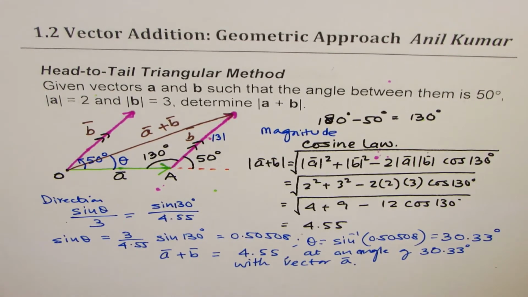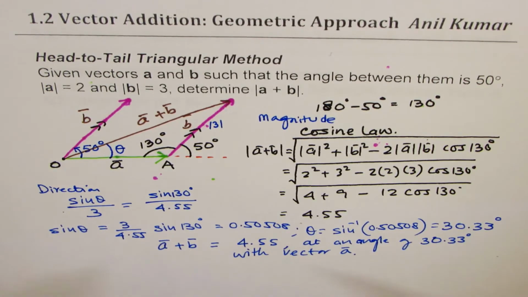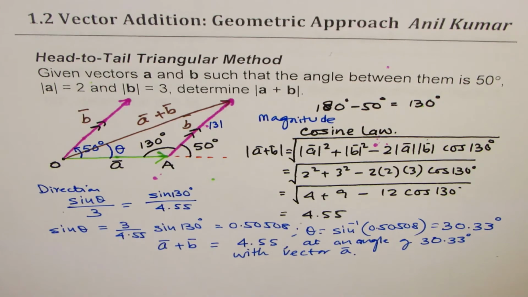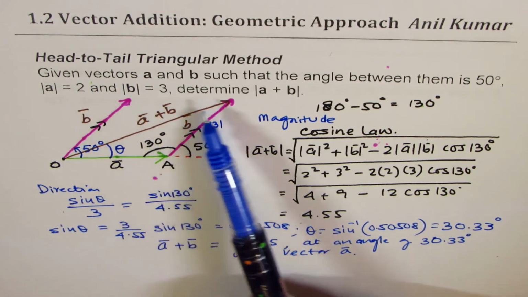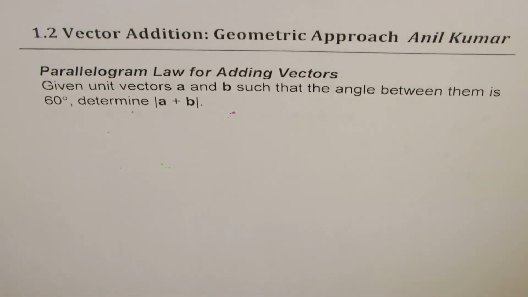So we can give this direction with respect to one of the vectors. So algebraically, if you have to find the sum, that is how you do it. And to sketch, you could adopt this method of head to tail and make a triangle, right? You could have made a parallelogram also, which we'll see in the next part.